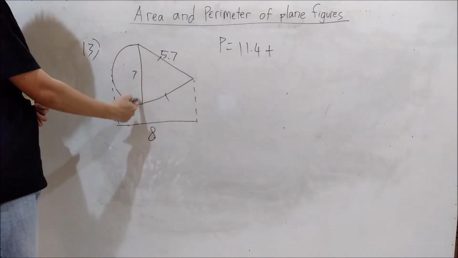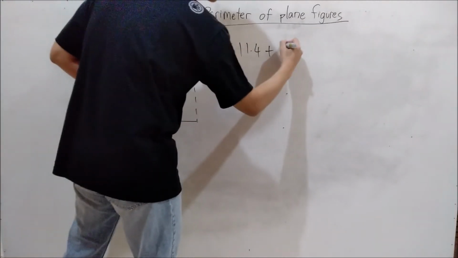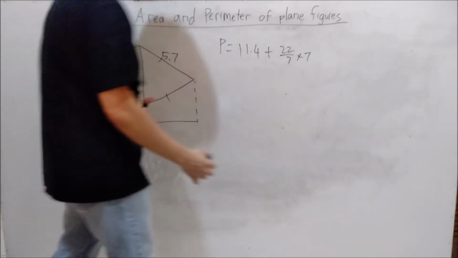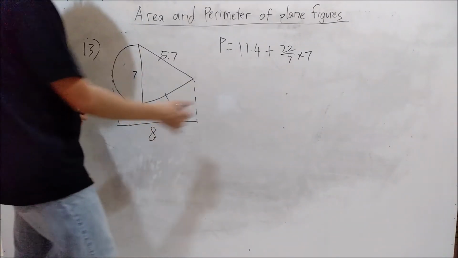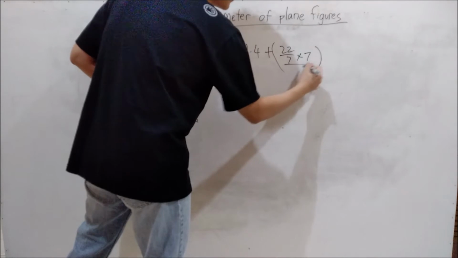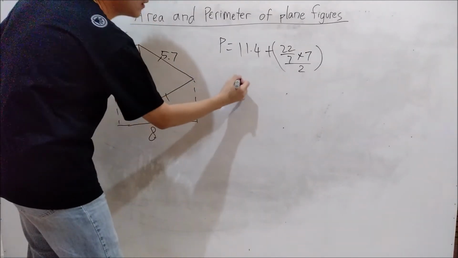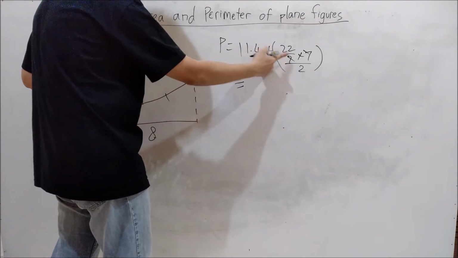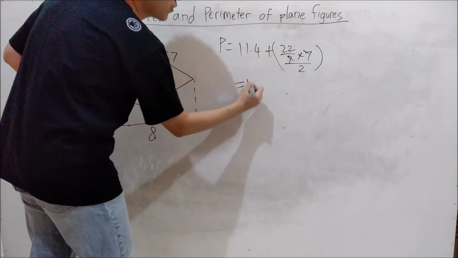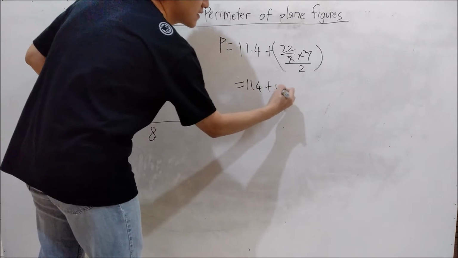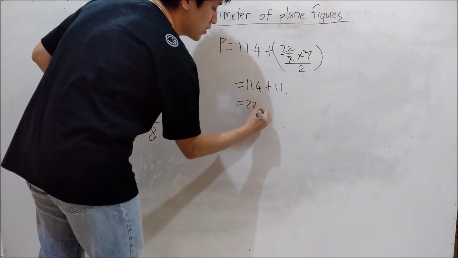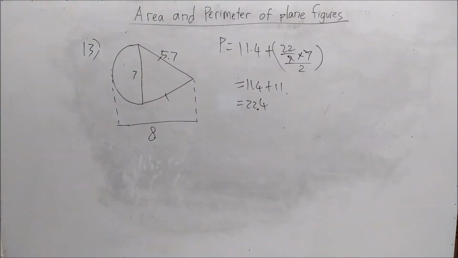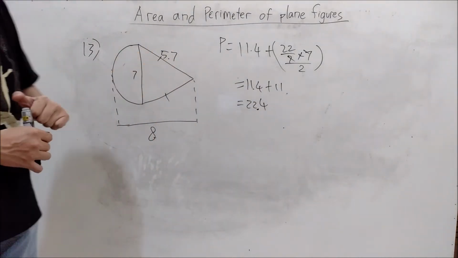We know that the diameter is 7, so we use 22/7 times 7, pi times d is the circumference, and then you divide it by 2. When you cross it, it will be 22, and 22 divided by 2 will be 11. So 11.4 plus 11 will give us 22.4. That is the perimeter of this figure.